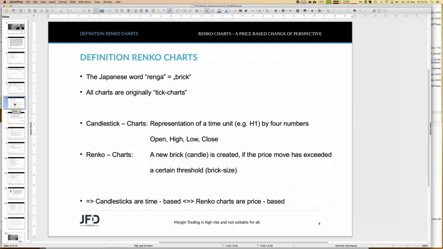So from a more mathematical point of view, a candlestick chart is something like you zip a file, you compress data, because you may have 20,000 ticks, and now you transfer those 20,000 ticks into 4 numbers.